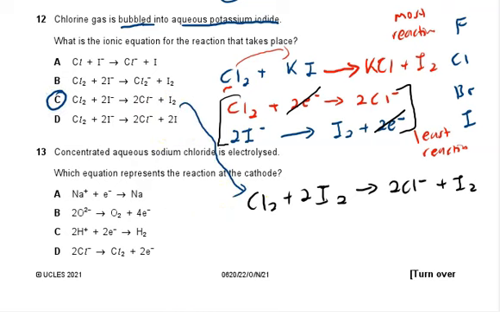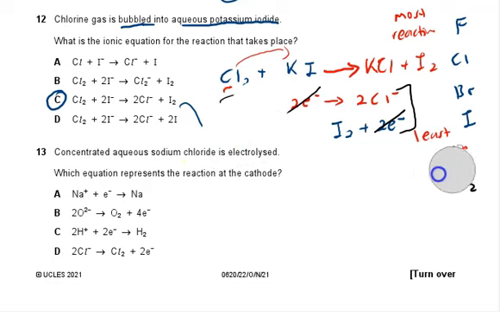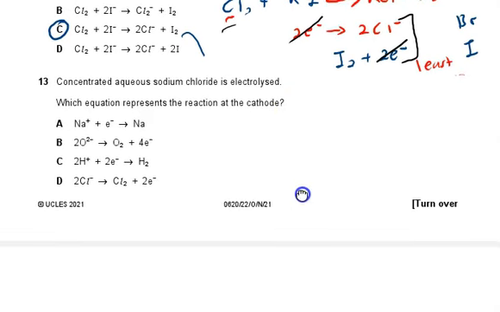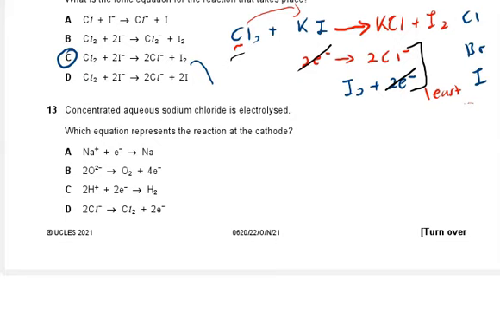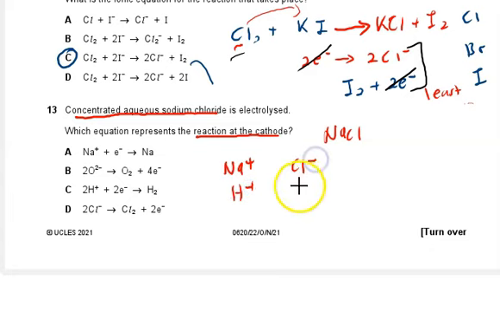Now for question number 13, so let me erase this. For question number 13, concentrated aqueous sodium chloride is electrolyzed. Which equation represents the reaction at the cathode? So if it is concentrated sodium chloride, you will have sodium and hydrogen, chloride and hydroxide.